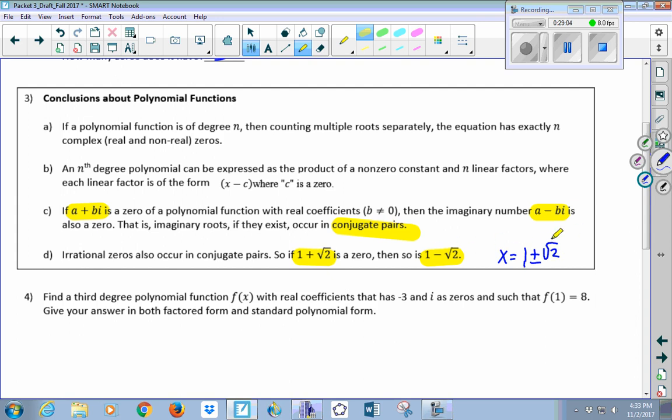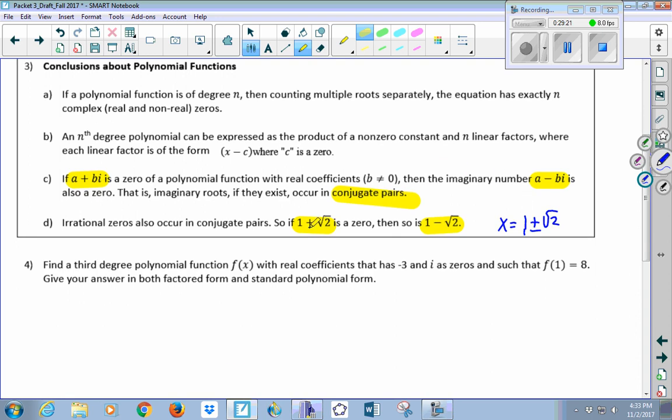You always get 2 zeros out of a quadratic equation. So if you have an irrational zero in this form, you always have a conjugate pair. Same with your complex imaginary. Well, actually, you could just have the square root of 2 here, and then you would have the opposite of that, negative square root of 2.